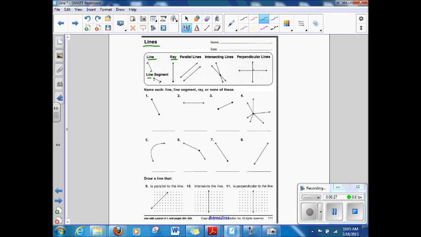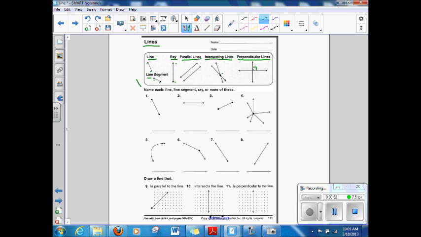We've talked about ray, which has a starting point and no end point. We've talked about parallel lines that travel side by side and never cross each other. We've talked about intersecting lines, lines that do cross at a point, and we've talked about lines that intersect at a particular way, and they are perpendicular, and you'll notice that little piece of paper that's been wedged in there indicating a 90-degree crossing of those intersecting lines.